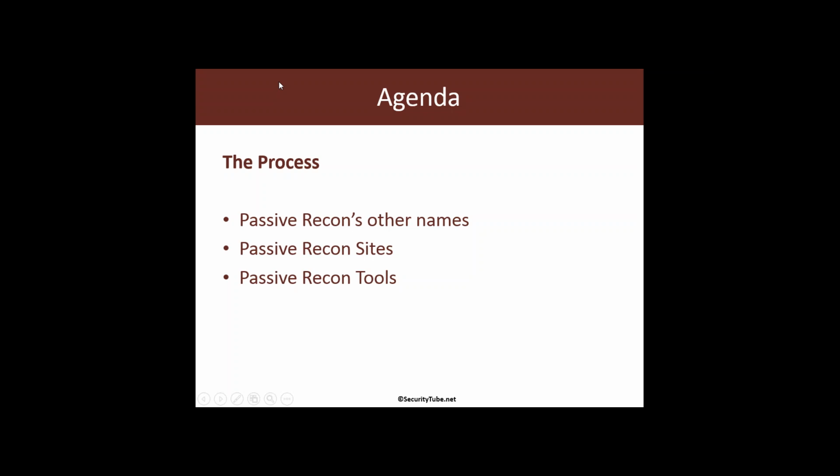So in other words, anything that I can do that's passive, they shouldn't know who I am when I'm doing passive recon, right? The target customer should not know that I'm trying to learn as much as I can about them. So we're going to go through a couple of other names that people call passive recon because sometimes there's some confusion. Passive recon sites, passive recon tools.